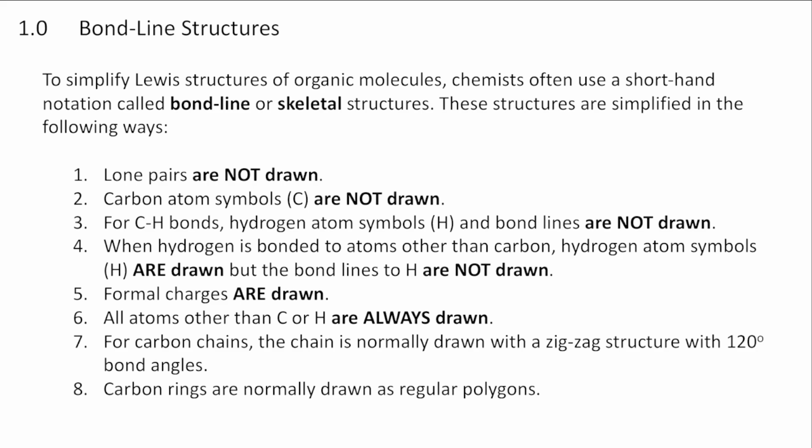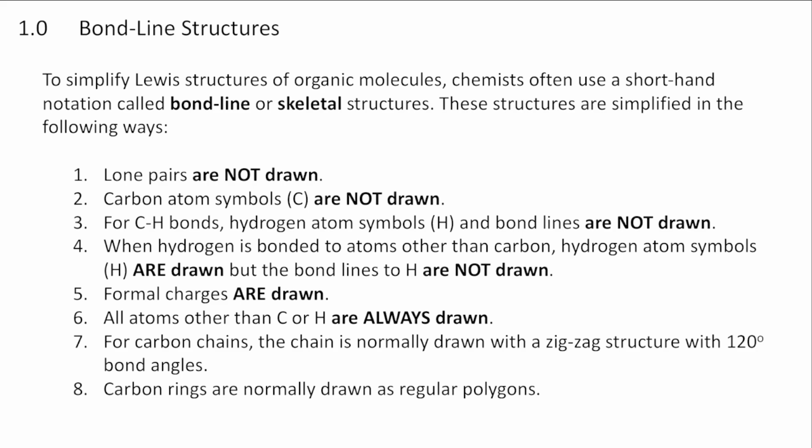But when hydrogen is bonded to something else other than carbon, we do draw the symbol in, but not the bond line. We do draw formal charges. They are very important. And all other atoms that aren't carbons and hydrogens are always drawn in. So that would be the oxygens, the nitrogens, the sulfurs, other atoms like that.